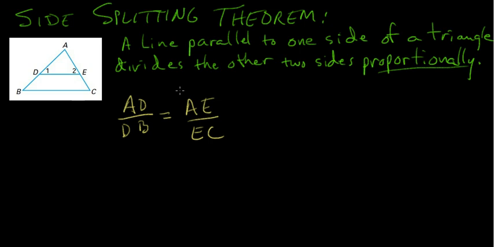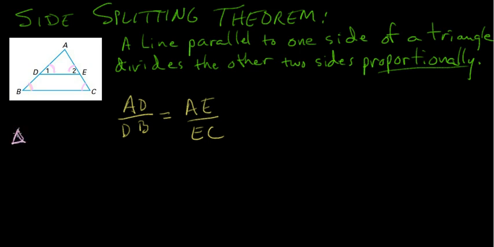Now, because of that, notice that we have two congruent angles here. Angle B is congruent to angle 1. Angle C is congruent to angle 2. So what we have here is two similar triangles.